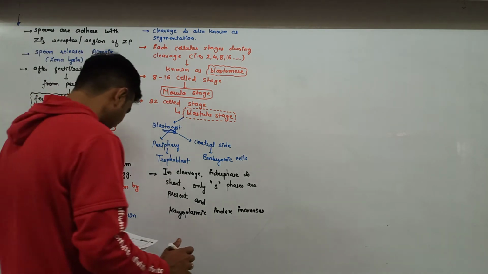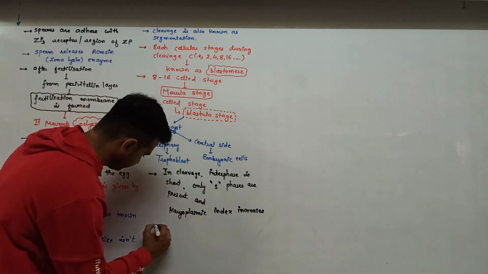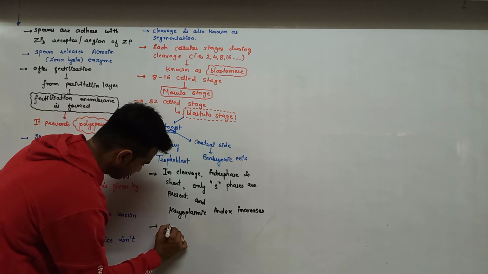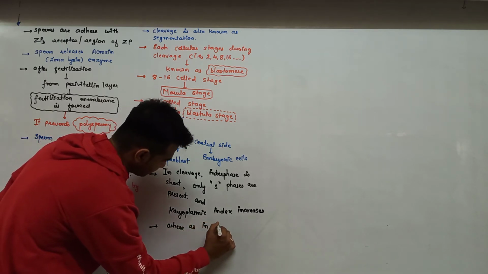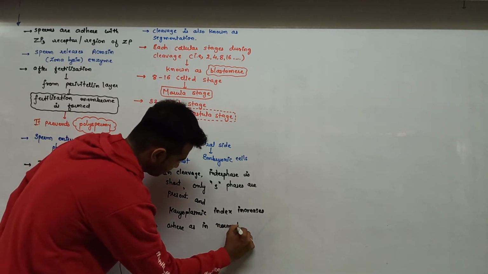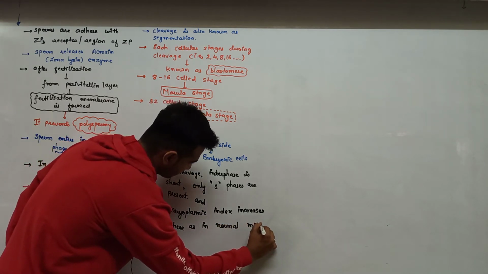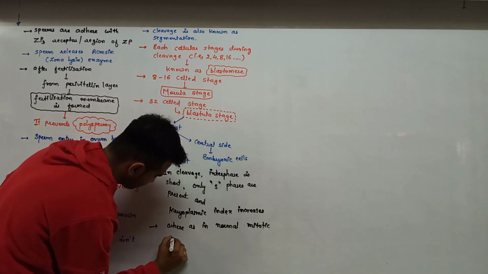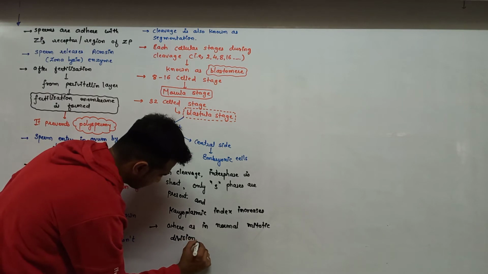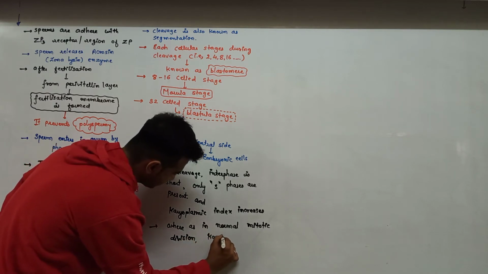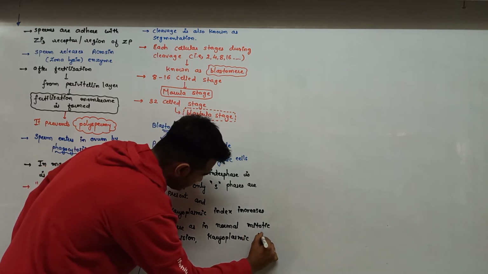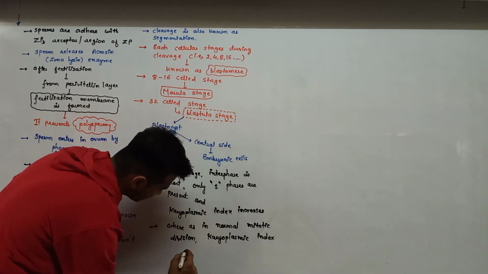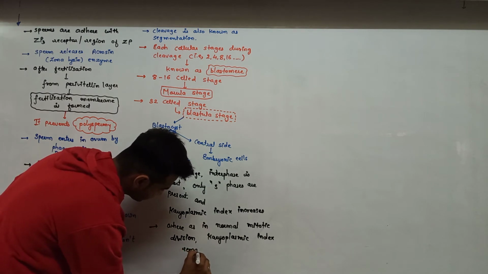Whereas in normal mitotic division, the karyoplasmic index remains constant.